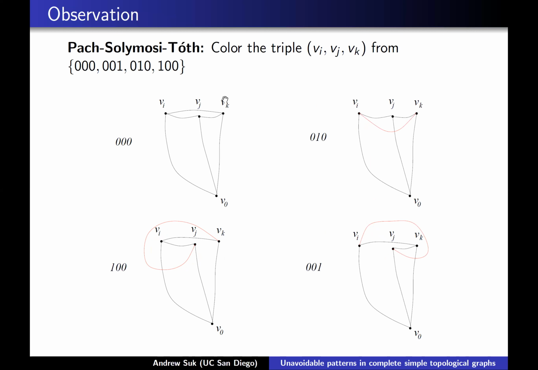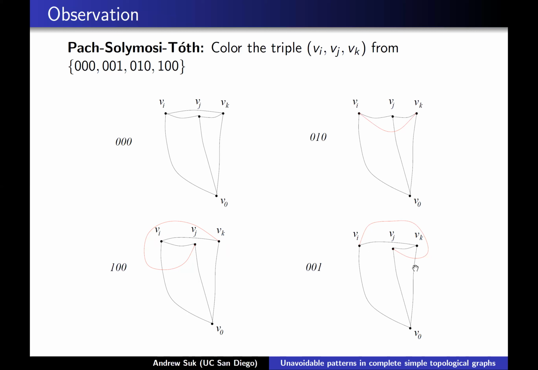So in particular, this 0, 0, 0 label for this triple Vi, Vj, Vk, this represents the planar drawing of K4. The 0, 1, 0 pattern is where this middle edge emanating out of V0 gets crossed. The 1, 0, 0 pattern is where this left edge emanating out of V0 gets crossed.